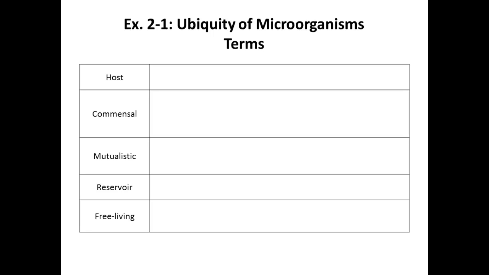Okay, so host. If you're a host, you have visitors, things that have come over. In this case, you are the habitat, if you're the host, for another organism. Usually when we're talking about hosts, we're talking about parasitic type relationships or commensal relationships, which I believe there really isn't such a thing as commensal, but I don't know. They say there is.